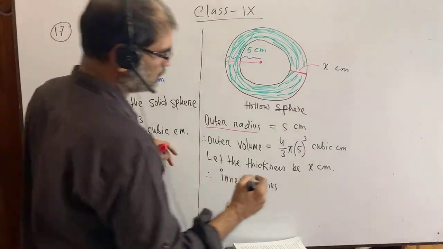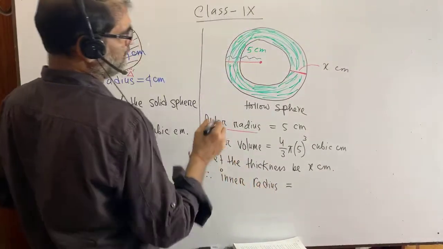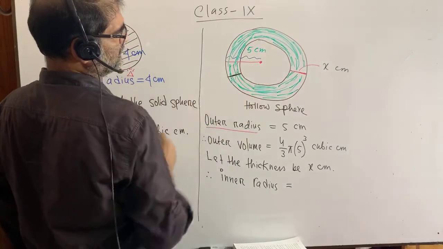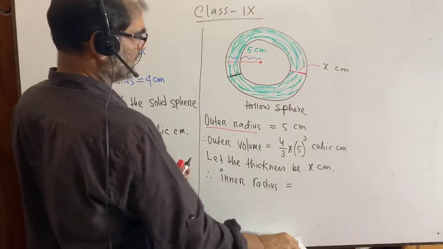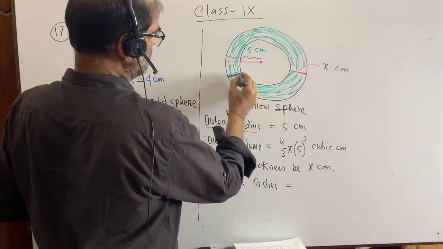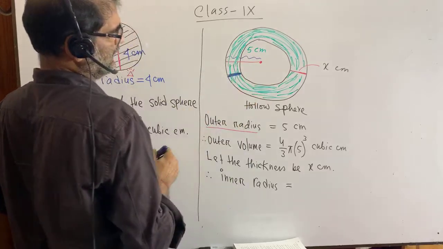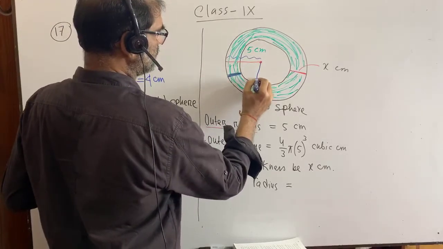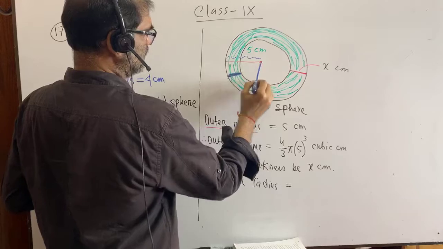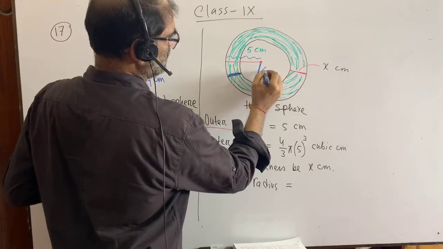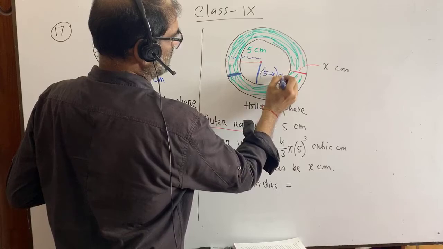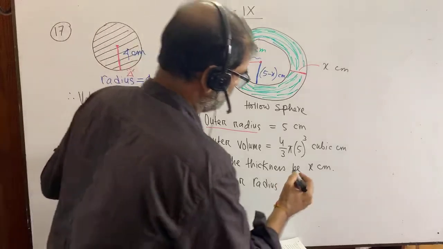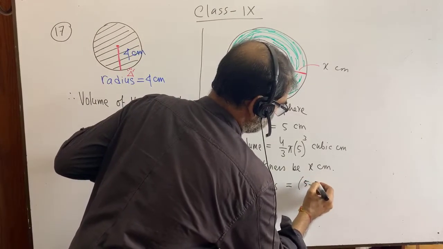If the outer radius is 5 and the thickness is x centimeter, then we get the inner radius. It is 5 minus x centimeter. So we can write down the inner radius as 5 minus x centimeter.